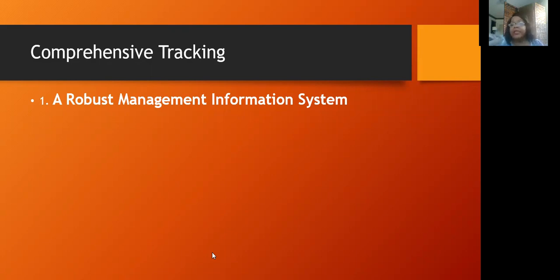How do you track your clients? It is extremely important to have a user-friendly system where you are tracking people, but more than anything else, you want an effective system. So I say having a robust management information system is critical.